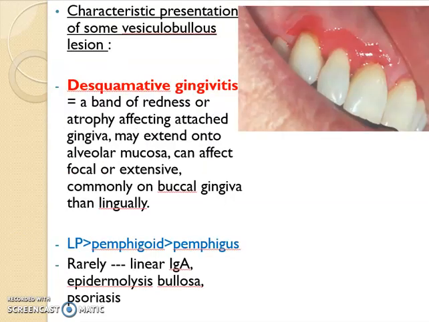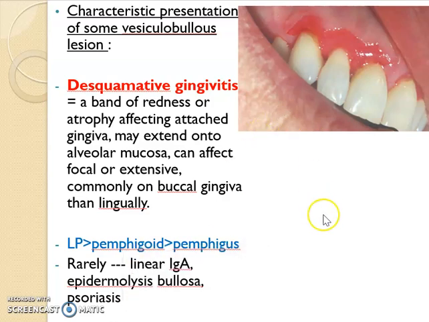One of the clinical presentations of vesiculobullous lesions is desquamative gingivitis. This term is not a diagnosis; it is a presentation. Desquamative gingivitis can exist in various types of vesiculobullous lesions. What is it actually?